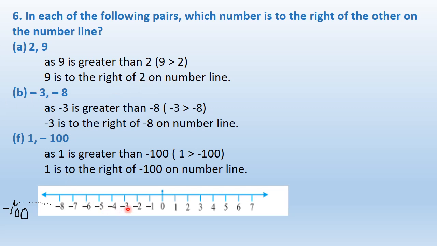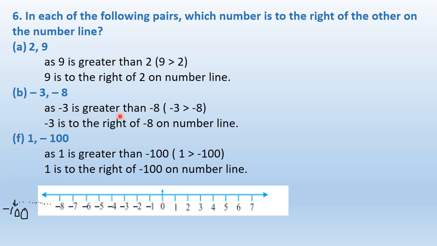Next is minus 3 and minus 8. Now minus 3 is here, minus 8 is here. Now minus 8 is to the left hand side, but in this question we have to write which number is to the right of the other one. So minus 3 is to the right of minus 8, as minus 3 is greater. As we know, the number to the right is greater as compared to the left one.